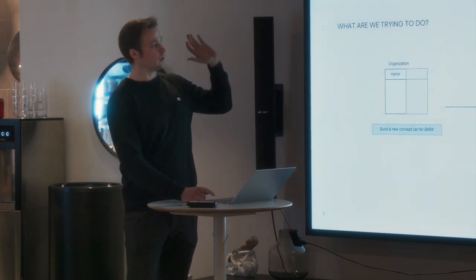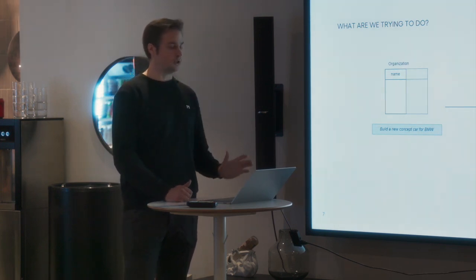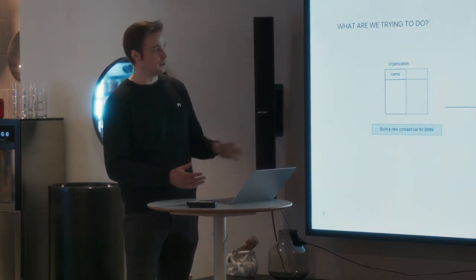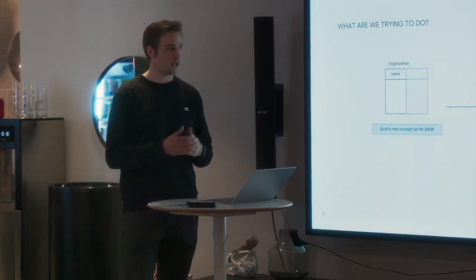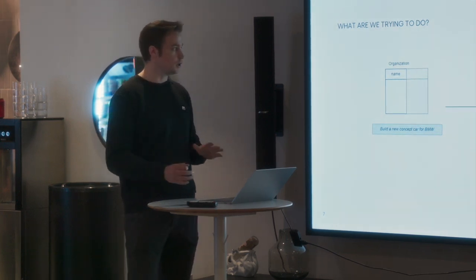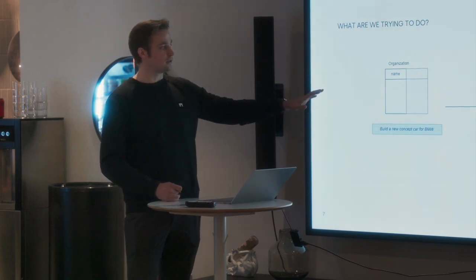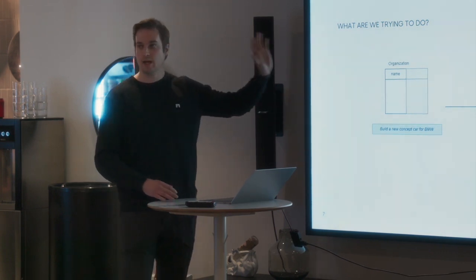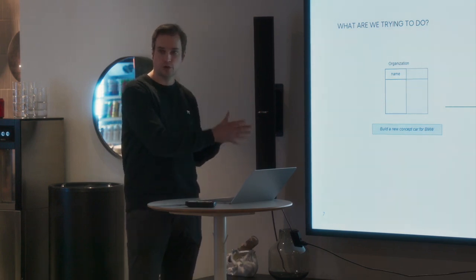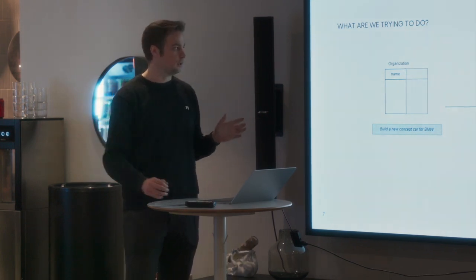So going even more into the concrete level, what are we actually trying to do here? I mentioned some data mapping, and adding some structure. So on the left side here, we have the legacy part, or the part that we are trying to add structure or restructure into a new format.